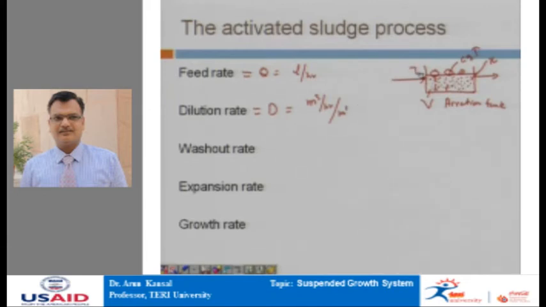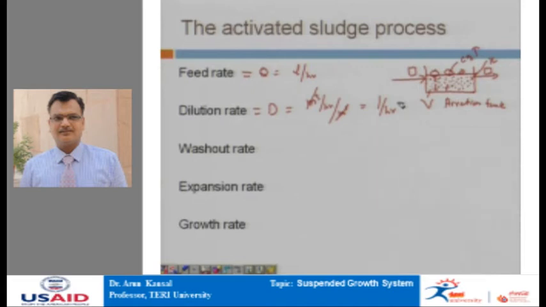Suppose this much sewage is entering, this much sewage is getting washed out, because it is a continuous flow reactor, and this is what percentage of the total volume, that is, how much of the aeration liquor is getting replaced. Its unit, of course, the cubic meter gets cancelled out, so it remains as per hour or per unit time. So, dilution rate is nothing but the rate at which the volumes are getting exchanged.